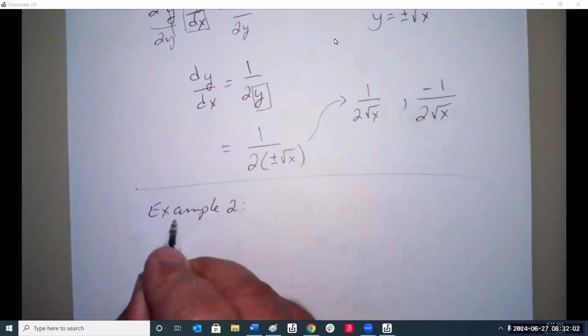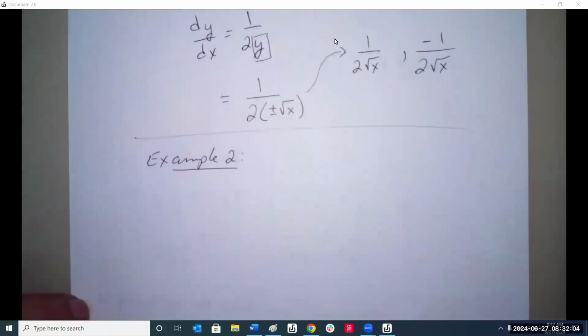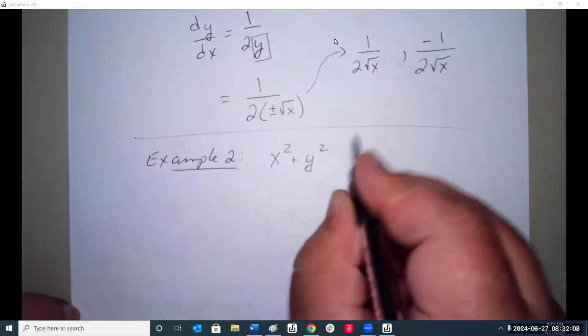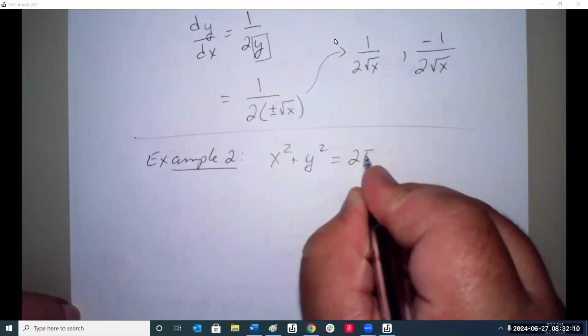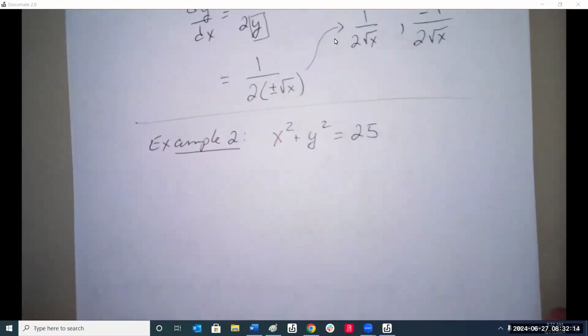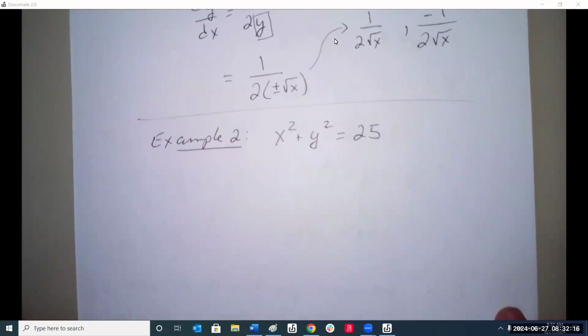Example 2. x squared plus y squared equals 25. Let's solve this implicitly.